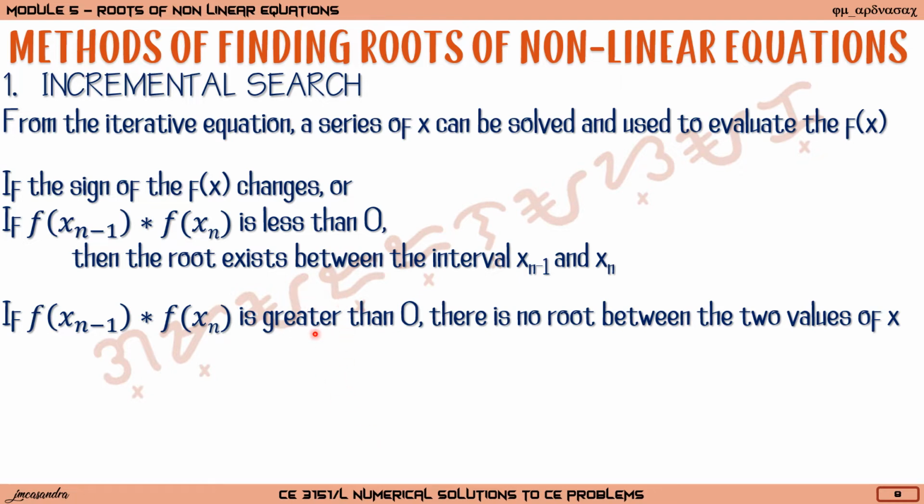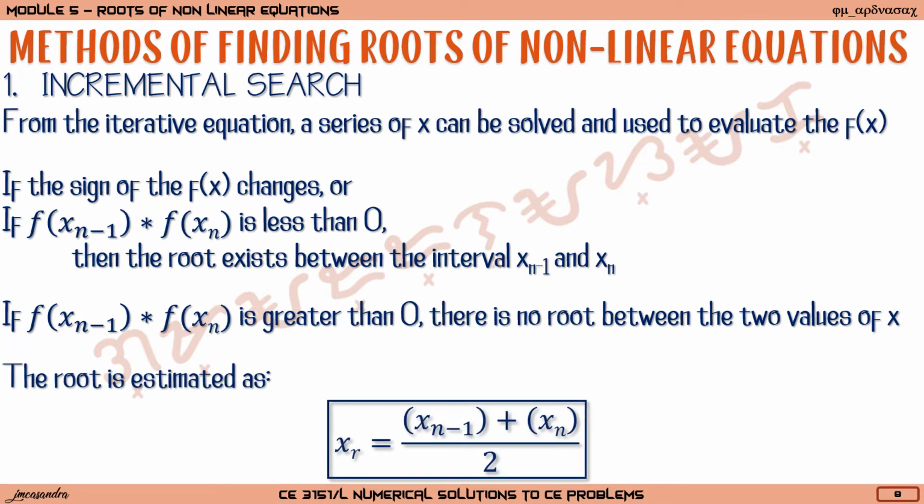So in incremental search, we have to look for the value of x that will satisfy the function of x equal to 0, or meron tayong change in sign between our values of x, or incremental values of x. Okay? So if that's the case, the root can be estimated as x of n minus 1 plus x n divided by 2. Okay? So to understand incremental search, let us solve an example.